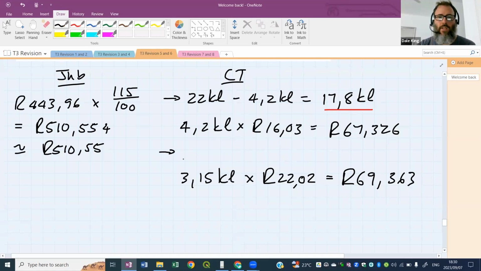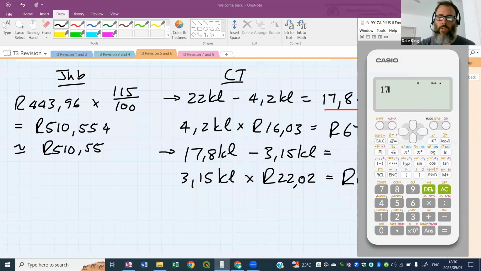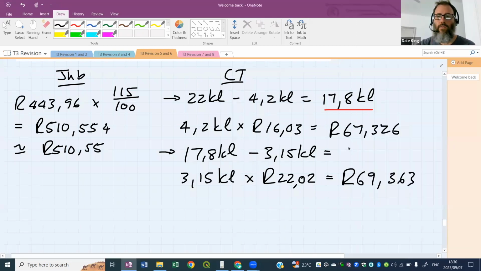I'm going to do something similar here to check. We had 17.8 and we had to take off 3.15, which means we have 17.8 minus 3.15, which means we have 14.65 kiloliters left.